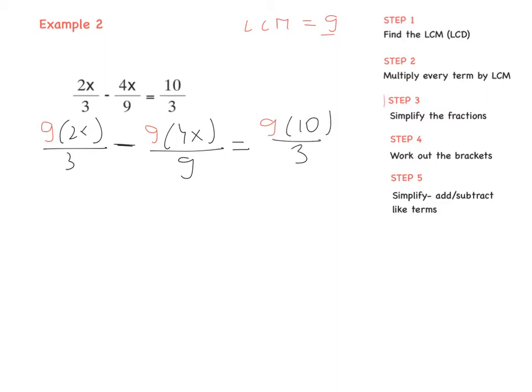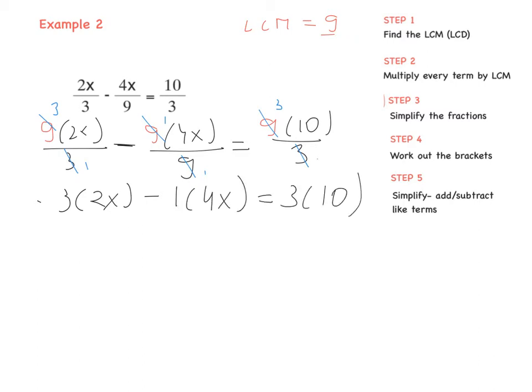Now simplify the fractions. Divide them. So 9 divided by 3 is 3. 9 by 9 is 1. 9 by 3 is 3. Then, the next step, work out the brackets. Rewrite it first: 3 multiplied by 2x minus 1 by 4x equals 3 by 10.